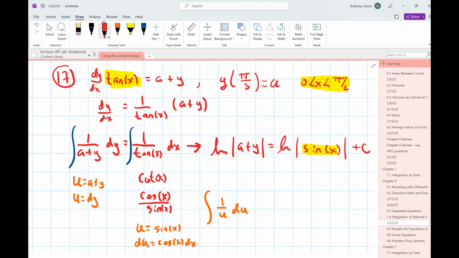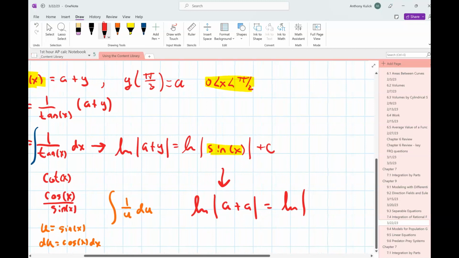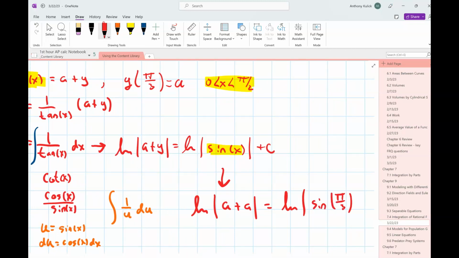Okay. So let's go ahead and plug in some values then. So we have natural log of absolute value a plus a equals natural log absolute value sine pi over 3 plus c.